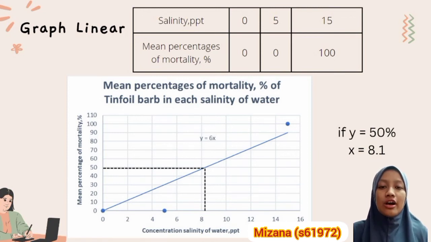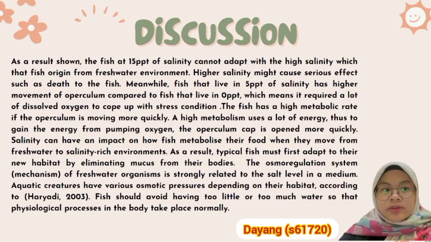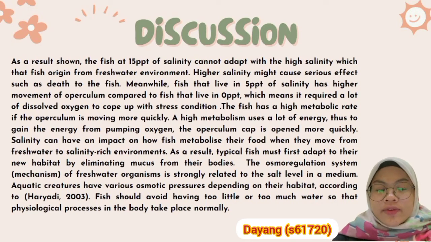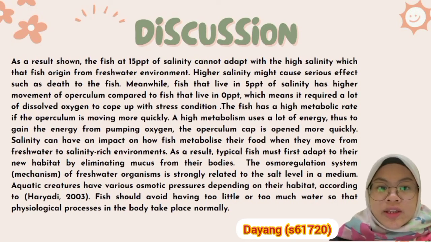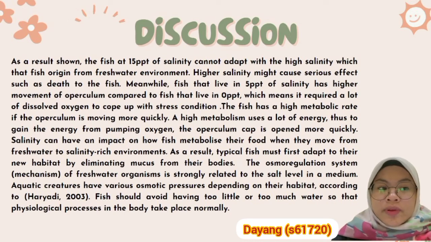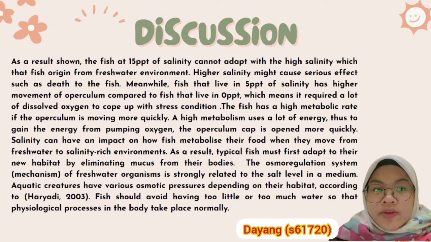Next, the value of LC50 based on this graph at y of 50% is equal to 8.1. As the result shows, the fish at 15 ppt of salinity cannot adapt to the higher salinity, as the fish originate from a freshwater environment. Higher salinity might cause serious effects such as death to the fish.